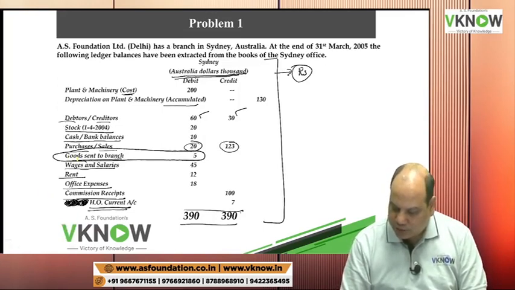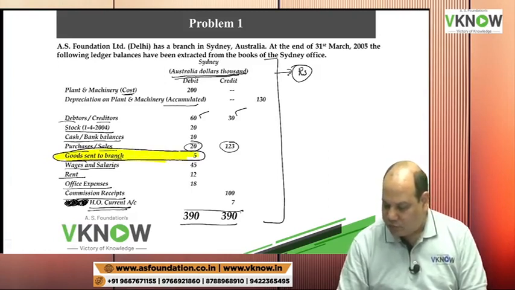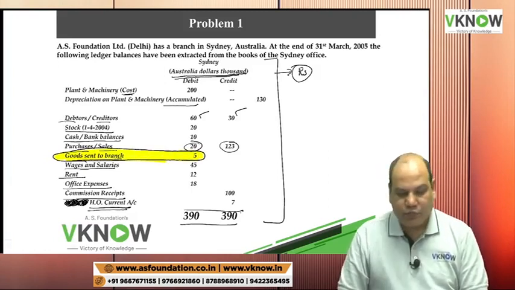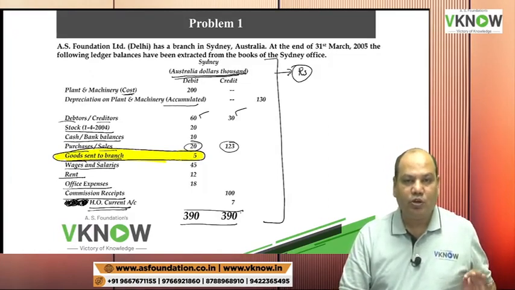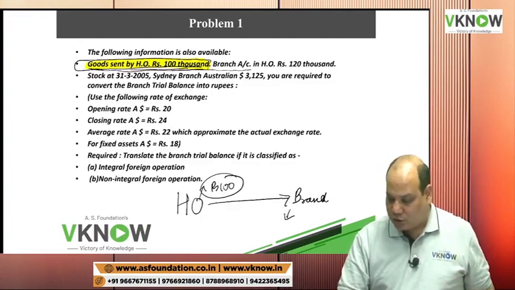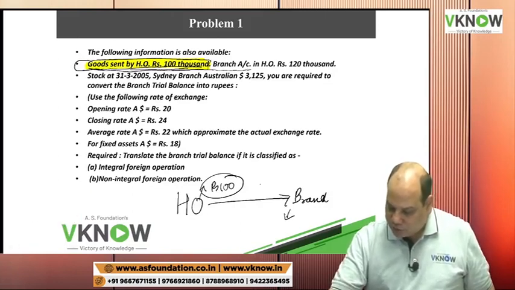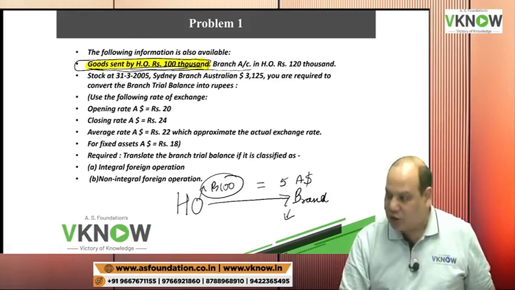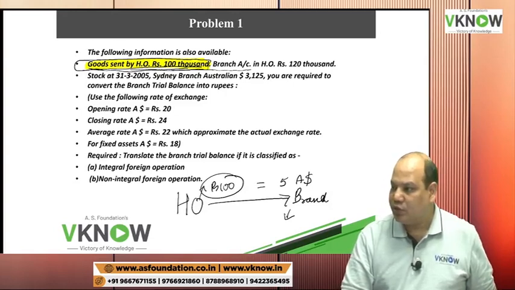These two are the same item. HO will send, branch will receive, but HO records in rupees and branch records in Australian dollars. So can I say 100,000 is equal to 5 Australian dollars?